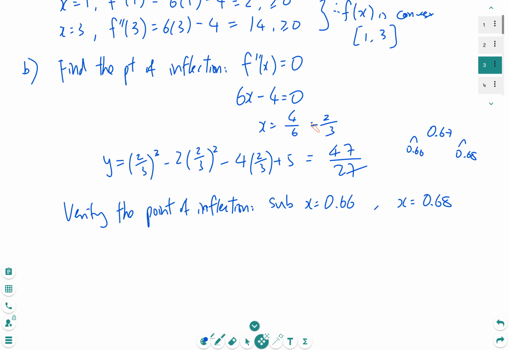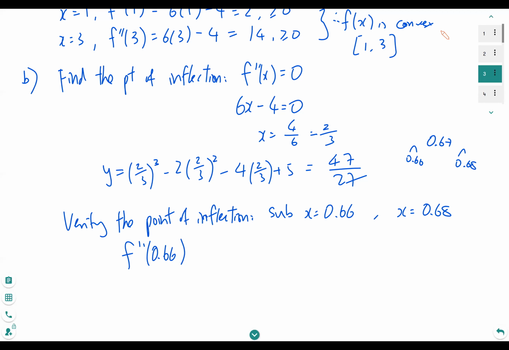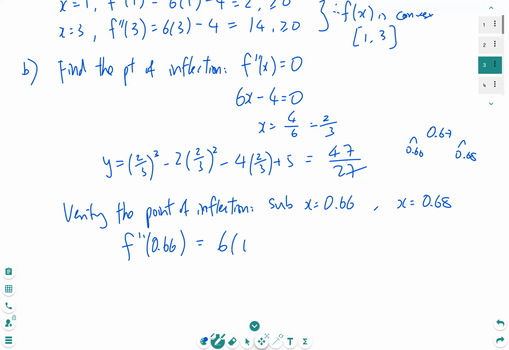So the second derivative at 0.66: you sub in, 6 times 0.66 minus 4. Mental maths, negative 0.04.